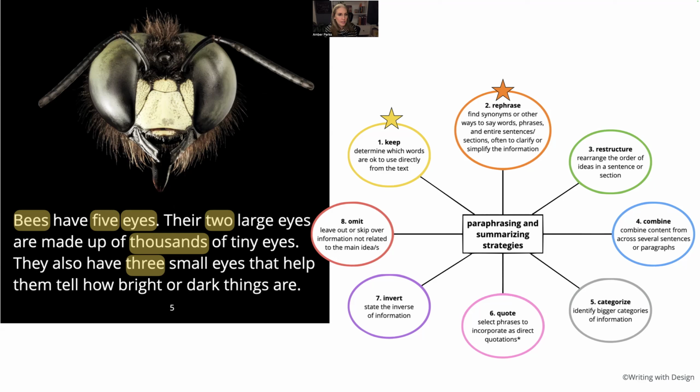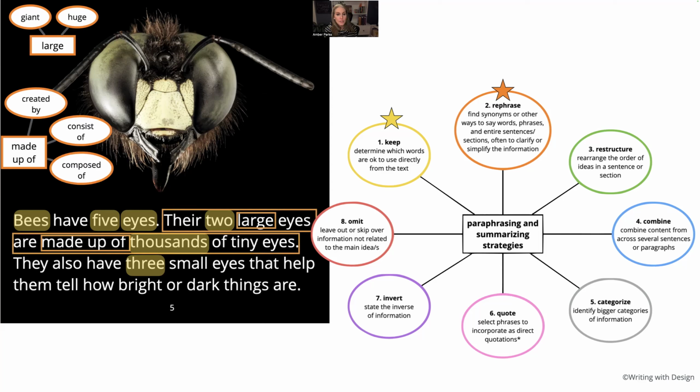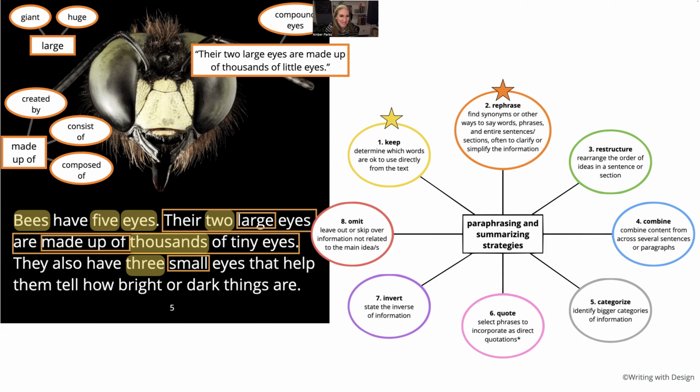For rephrase, going to pop all of those up. We've got large, made up of. Now take a look, we're doing an entire sentence here. So remember that for strategy number 2, we can do it at the word, at the phrase, and even at the entire sentence level. Their 2 large eyes are made up of thousands of little eyes. What do we call those? Compound eyes.